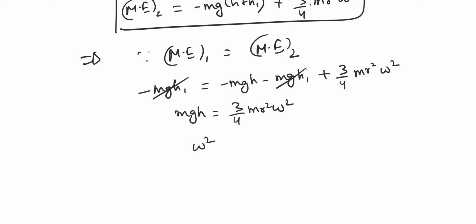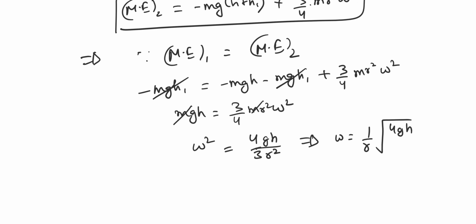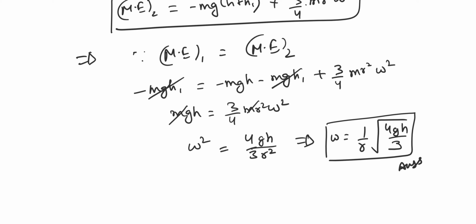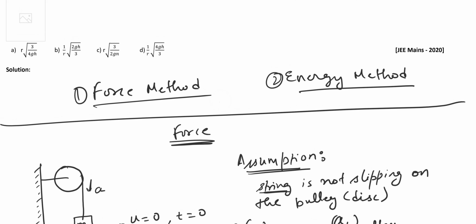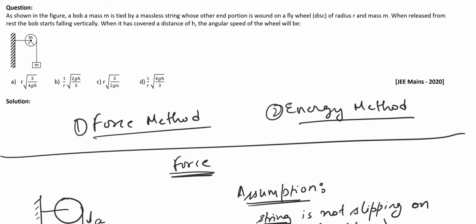From here we get omega square as 4 by 3 gh by r square. This gives omega as 1 by r root of 4gh by 3. This is our answer. If you look at the options, the fourth option is the correct one, so the correct answer is option D.